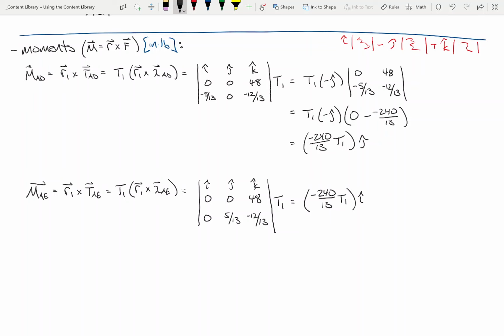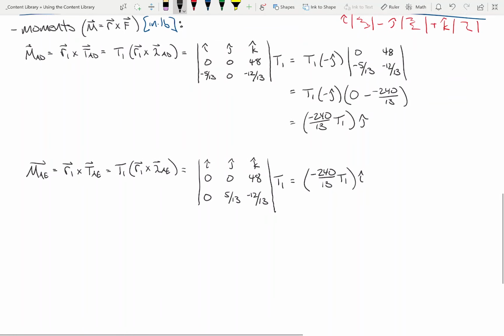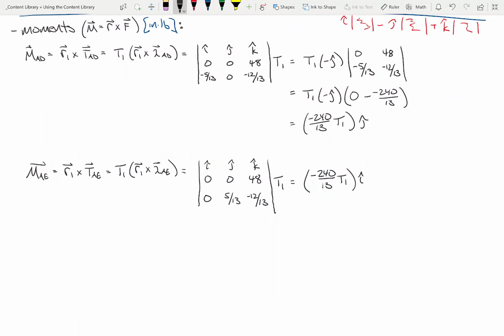What about the BF? So that's R2, BF. Does everybody see what I'm doing so far, especially this part here where I'm saying, okay, we're going to factor out the magnitude?